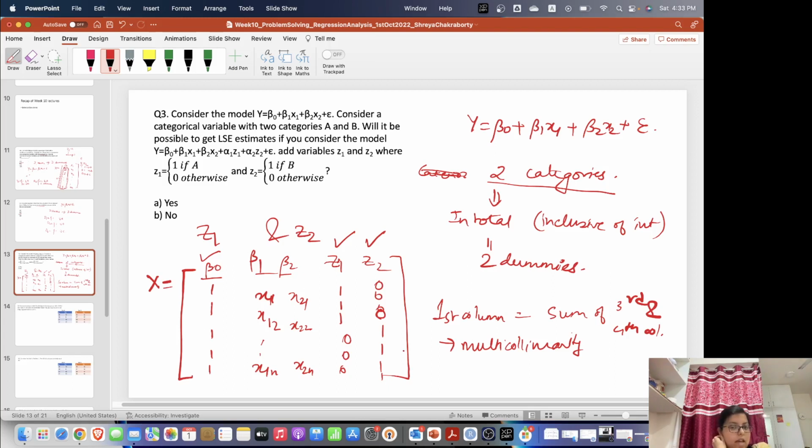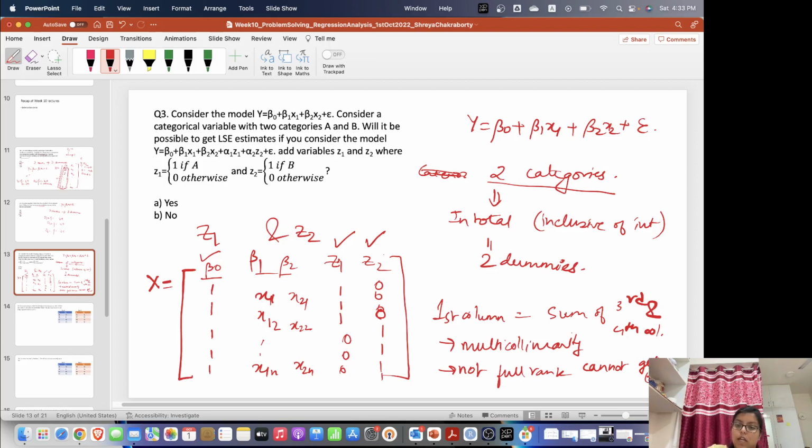And since it is not full rank, we cannot get X prime X inverse and all the problems of multicollinearity. We just cannot get an inverse, because this one plus this one is equal to this one. There exists a perfect linear dependency.